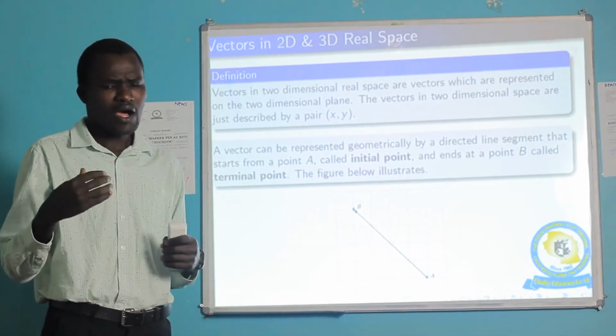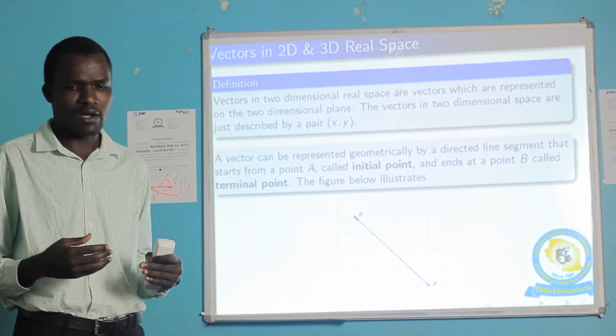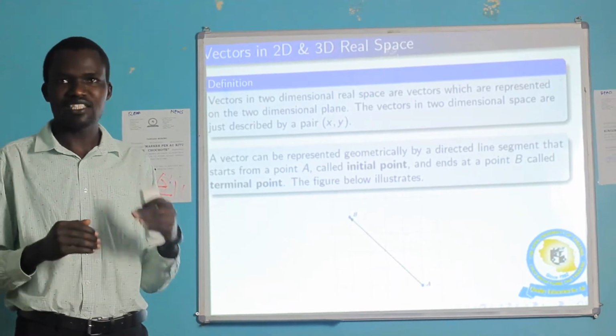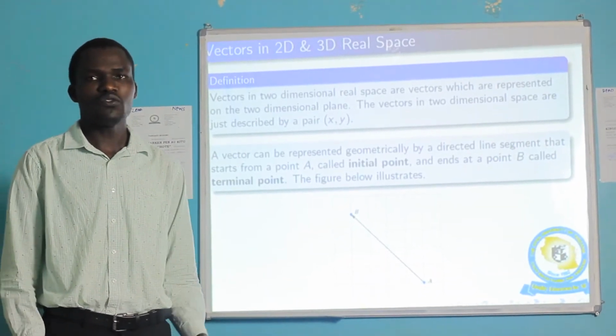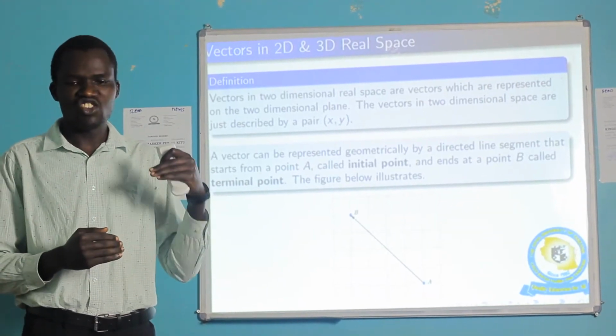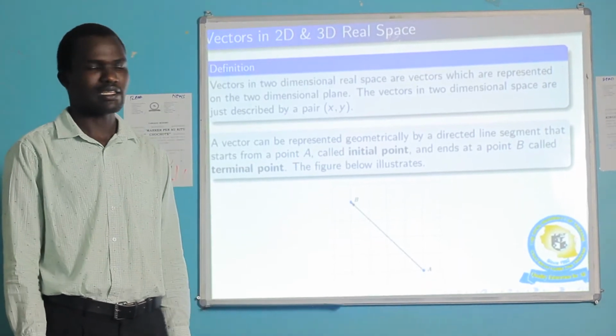So, what makes a vector to be a vector? A vector should have an initial point and a terminal point. And if you take the subtraction of the terminal point minus the initial point, you get a vector which has magnitude and direction.